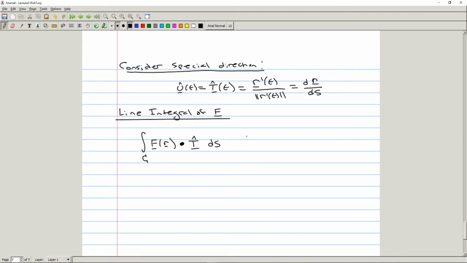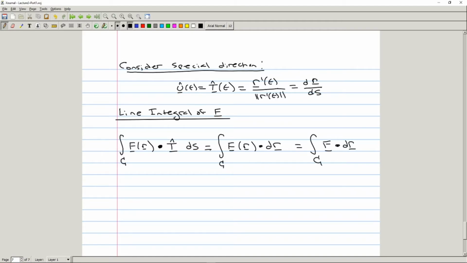The reason why all these notations are important, we'll see in a second, is that this is exactly the same thing mathematically, because T hat is dr ds. A better notation for this, and the notation that's more often used, is the line integral of f of r dot dr, or just f dot dr for short. These are just some common notations for the line integral of the vector field f.